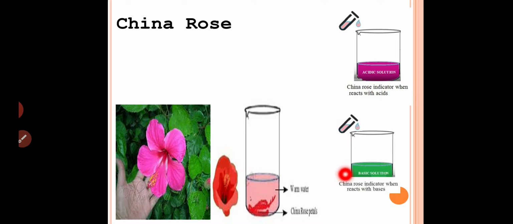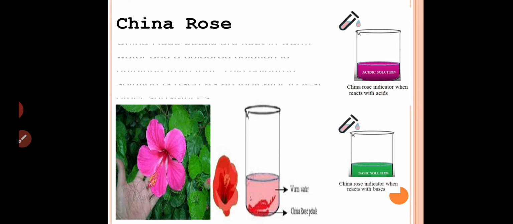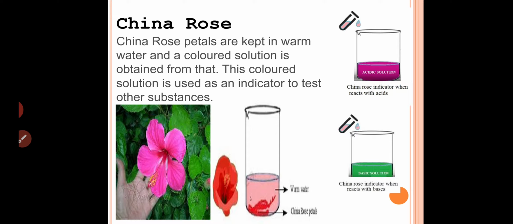And China rose indicator, when it reacts with bases, turns green. Now see, China rose petals are kept in warm water and a colored solution is obtained from that. This colored solution is used as an indicator to test other substances.